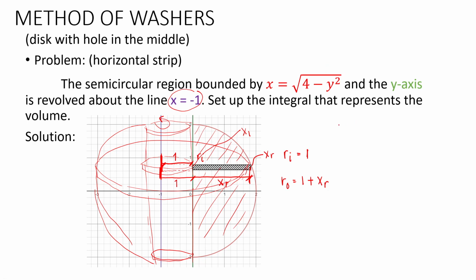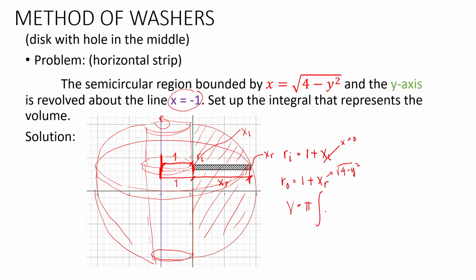So meaning this one is our inner radius, plus the x left. Notice our x left is 0 because it's the y-axis, that is x equals 0. xr, on the other hand, is the square root of 4 minus y squared. So again, in understanding the formula, this is pi.